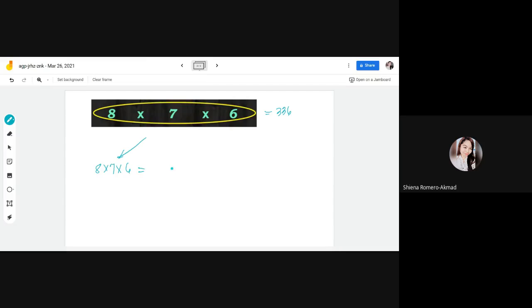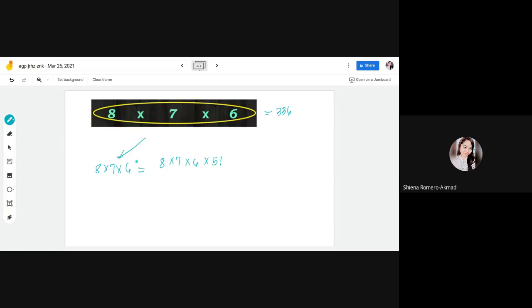we can rewrite it into a factorial. Ano bang nawawala sa kanya? You have 8 times 7 times 6. Anong nawawala? Yung mga kasunod ni 6. Ano yung kasunod ni 6? 5. 5 times 4 times 3 times 2 times 1 or simply 5 factorial.